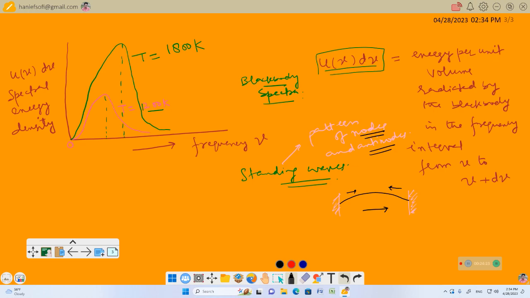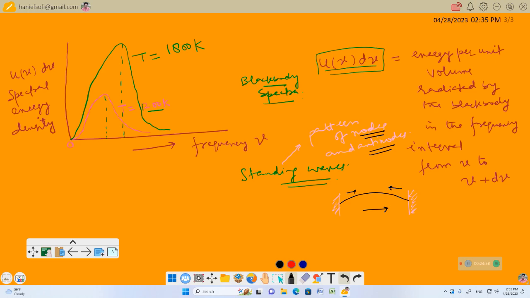A standing wave can be created in one dimension, in two dimensions, or in three dimensions. Now, Lord Rayleigh and Jeans considered the radiation in the cavity as standing waves, in the three-dimensional form of standing waves, of course.